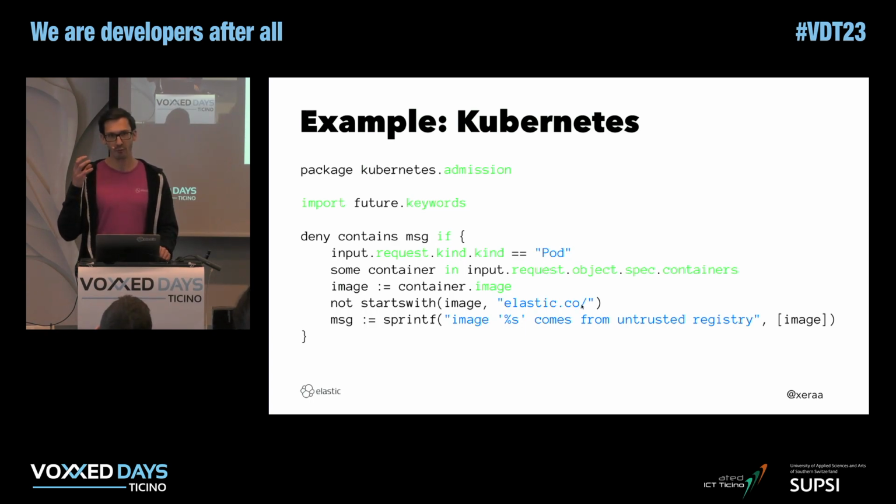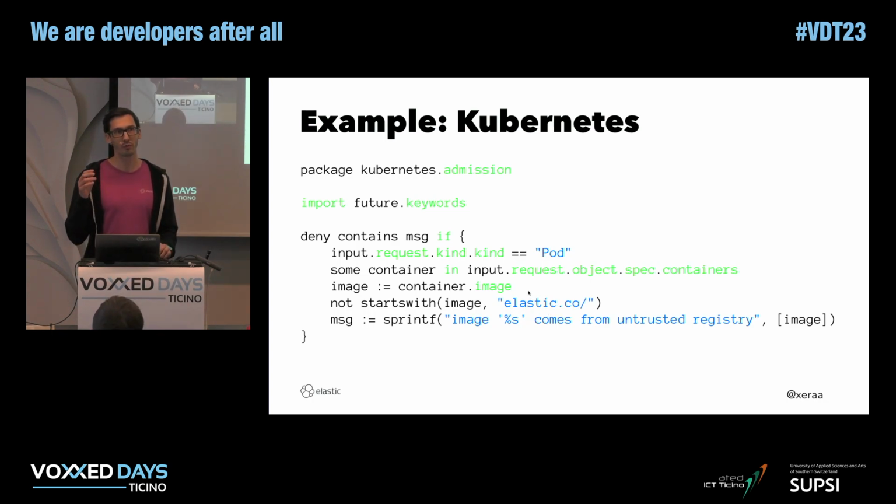So it needs to come from our custom container registry, which is at elastic.co. Otherwise, it would say this image is from an untrusted container registry, and it would fail the test. So you can query pretty much anything that Kubernetes exposes in its API, put it into a Rego rule, and then alert against that.